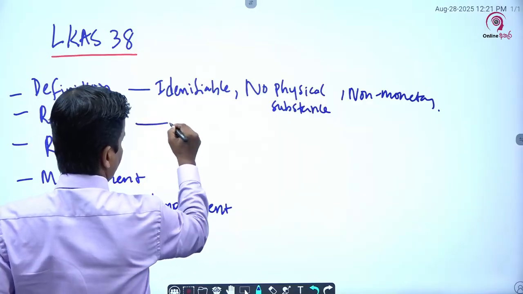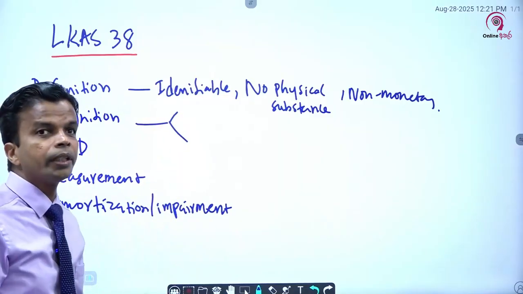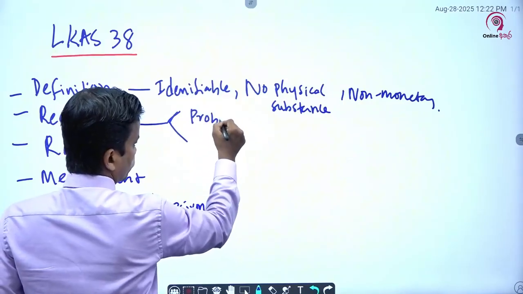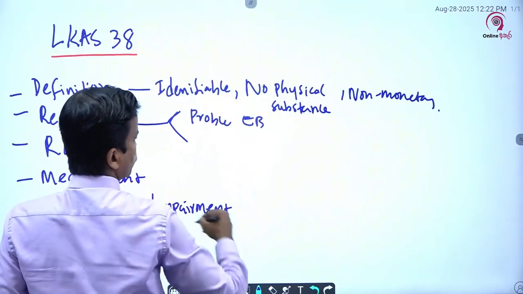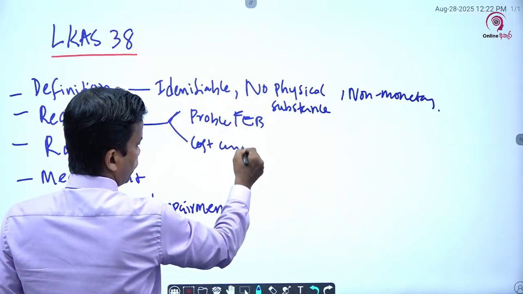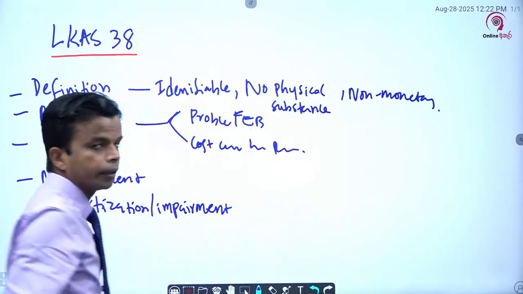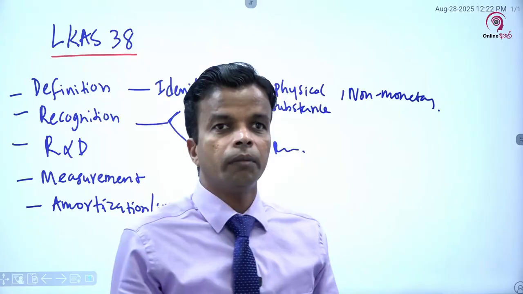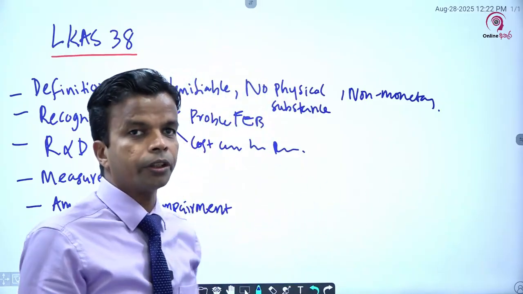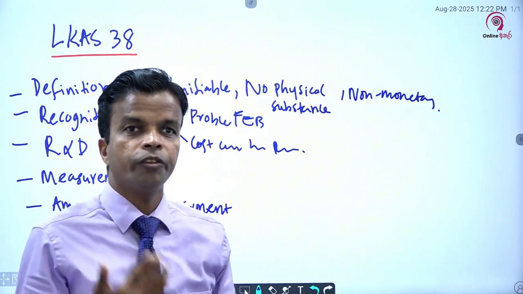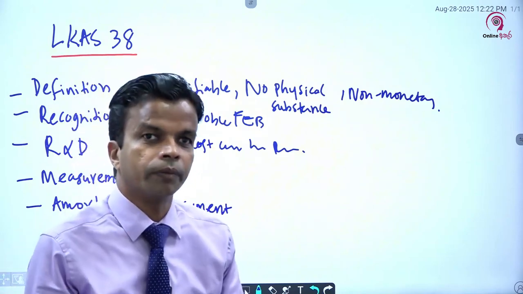Recognition criteria, like PPNE, same thing applies. Probable future economic benefits, and cost can be measured reliably, right? Of course, you should have control over the asset and whatnot, but most importantly, two recognition criteria: cost can be measured reliably and future economic benefits should be probable, right?